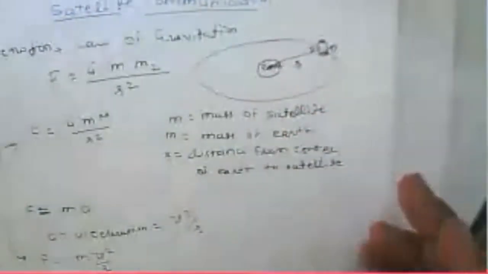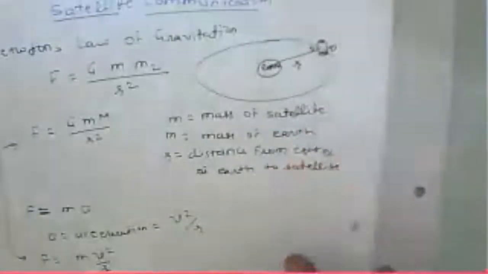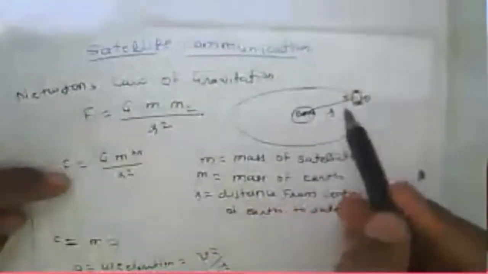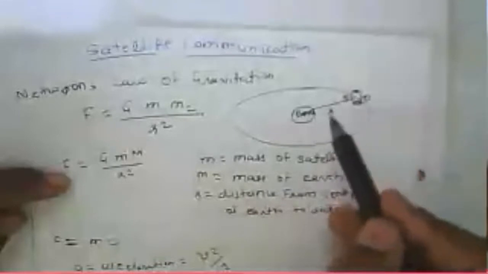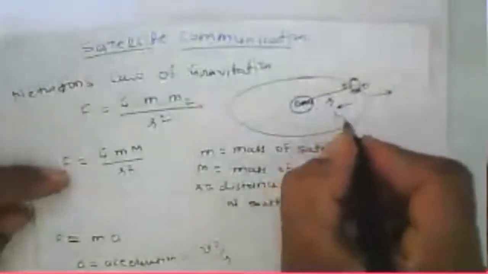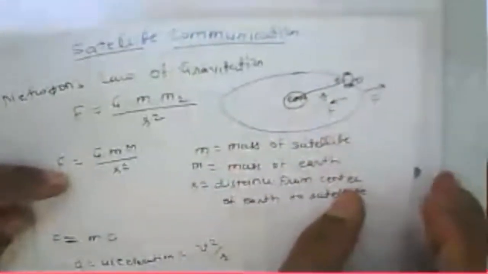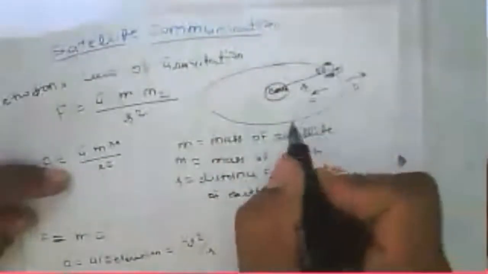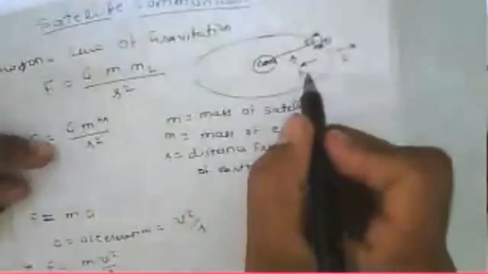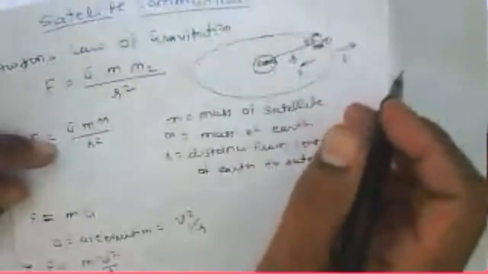One tries to throw the satellite in the outward direction due to its velocity. The other is the gravitational force, which pulls the satellite toward the earth, while the satellite is moving away from it. Now we say that both of these forces are equal: one is the gravitational force and the other is the outward pulling force.